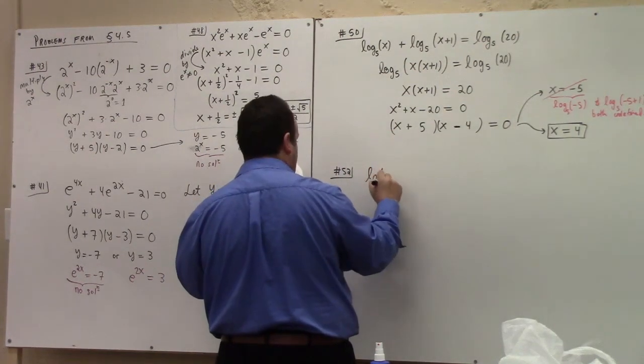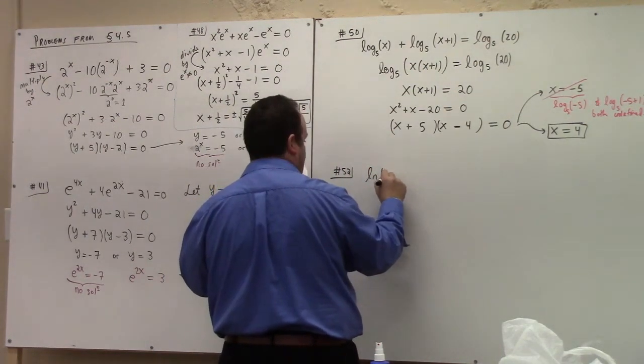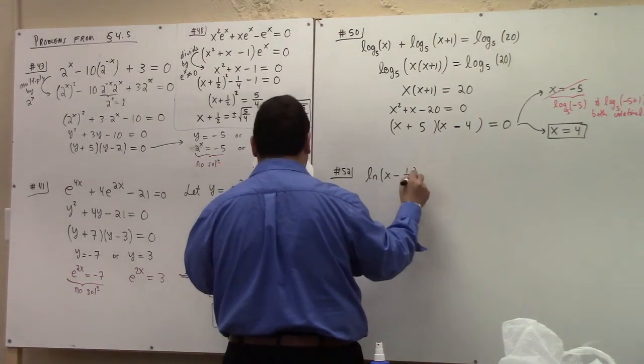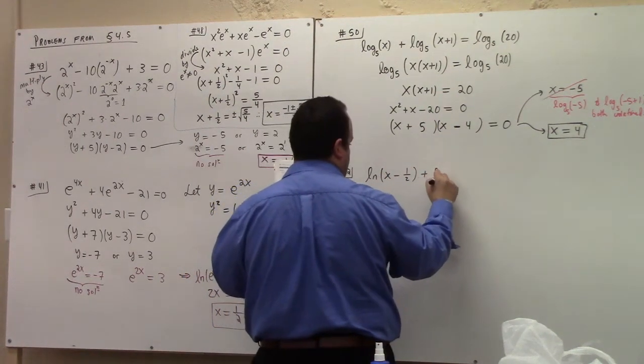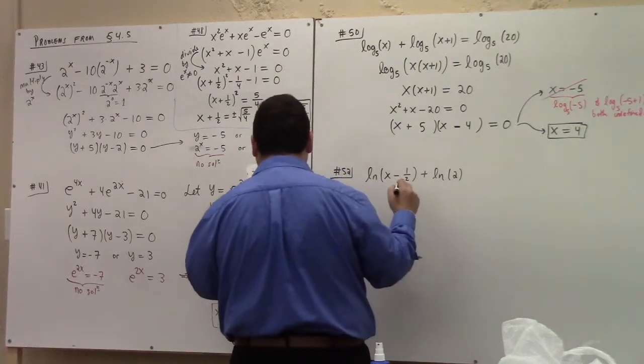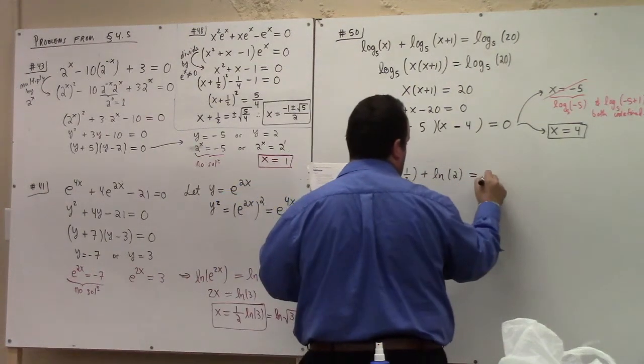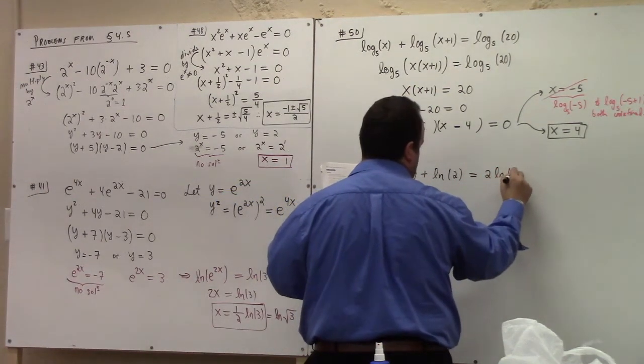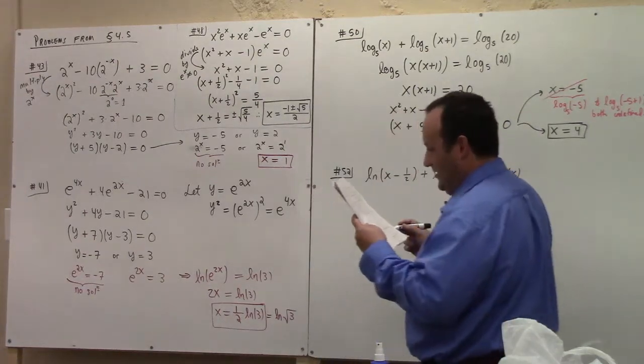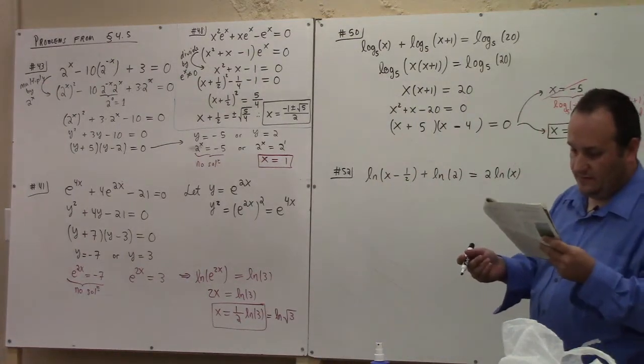Natural log of x minus a half plus the natural log of 2 equals 2 times the natural log of x. Again, we're supposed to try to solve this thing, all right?